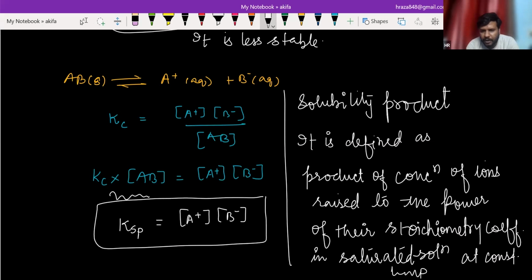So basically KSP, the solubility product, is defined as the product of concentration of ions. Here the coefficient was 1, so the power is also 1. If there is some coefficient, it will be the power in the KSP expression.